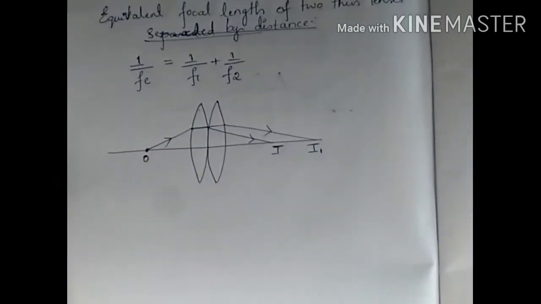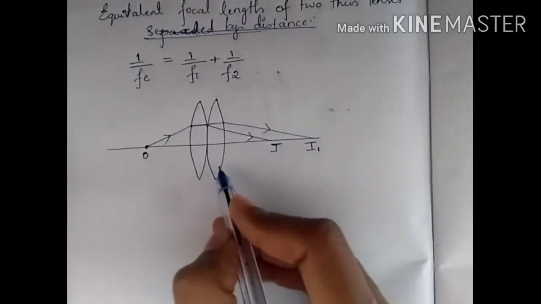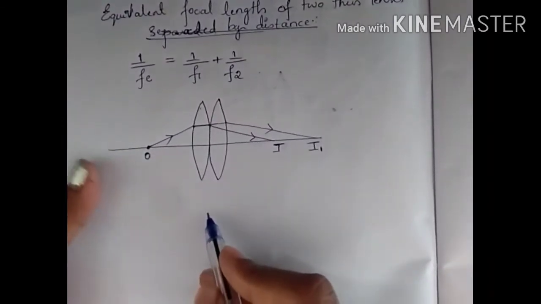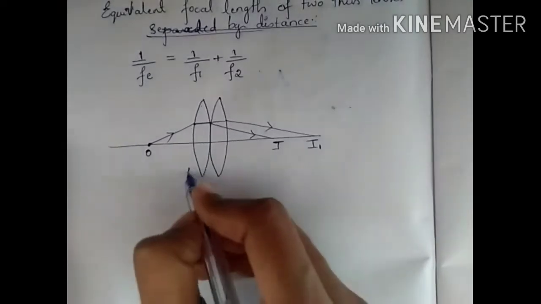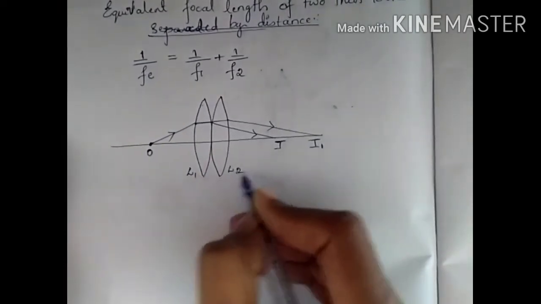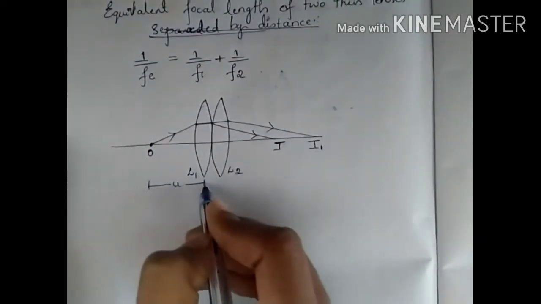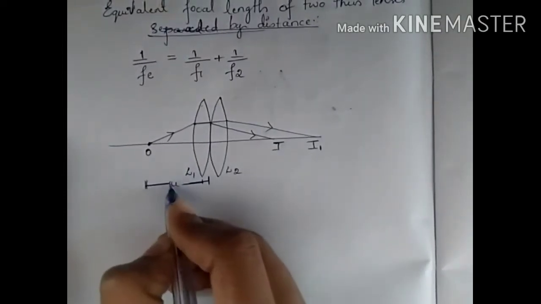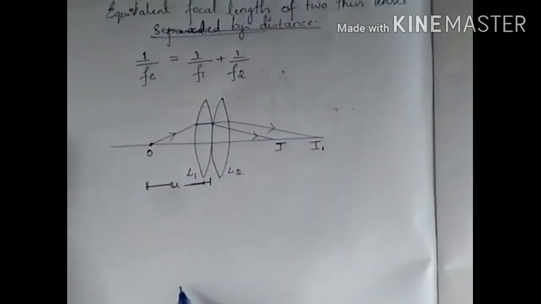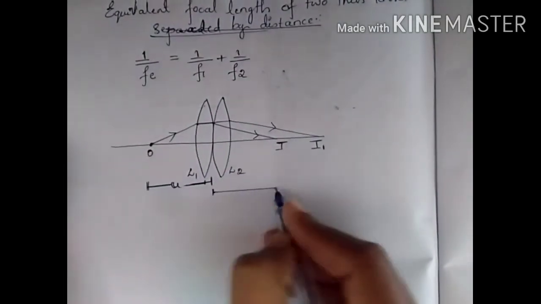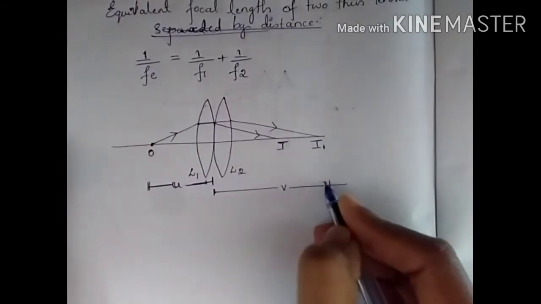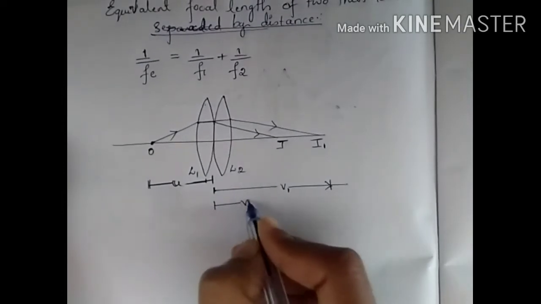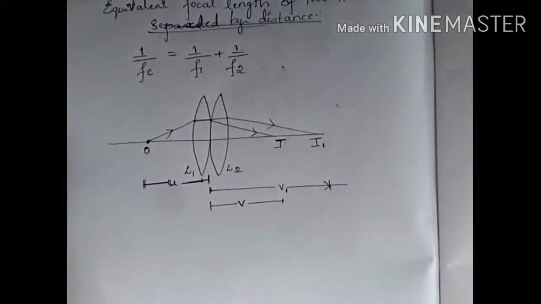For this combination of two lenses, you can write the effective focal length as 1 by f1 plus 1 by f2. So this is L1 and this is L2. U is the object distance, and V from here to here is the image distance, and this V is for I. So this is again an image distance.